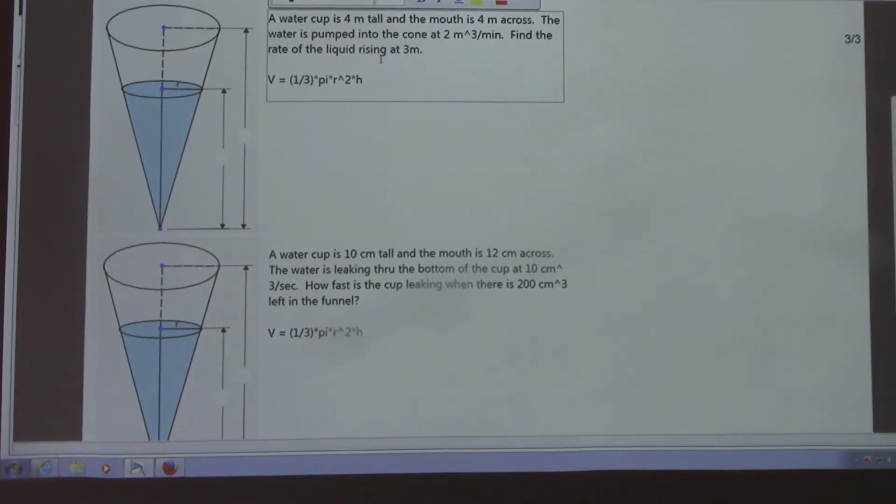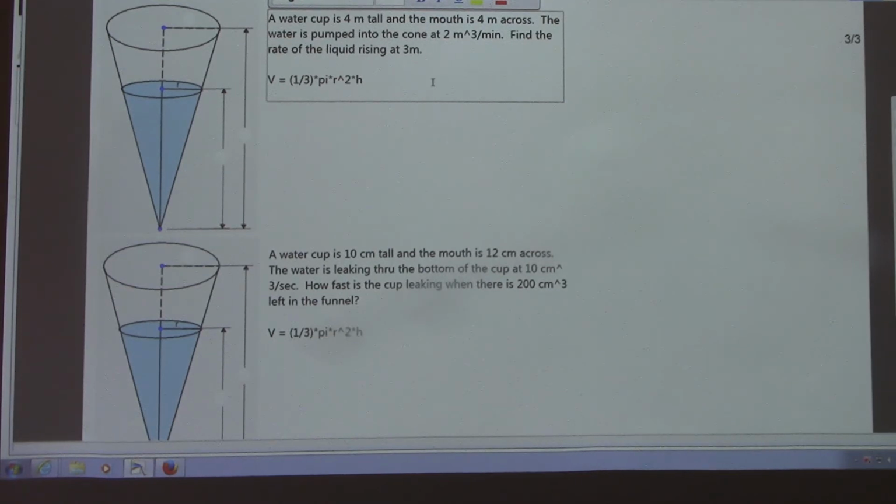So in other words, when this height is 3 meters, at that point, how fast is the liquid rising? That's what they want. Find the rate of the rising liquid when the liquid is at 3 meters deep.